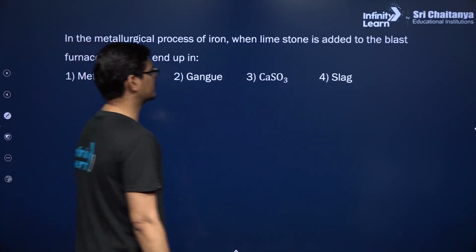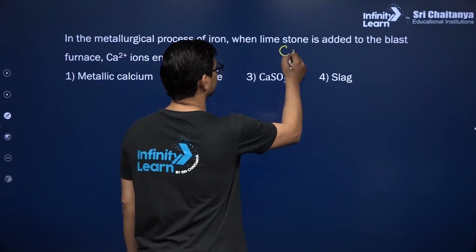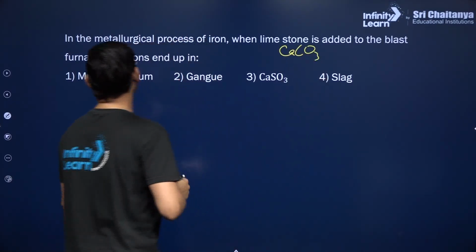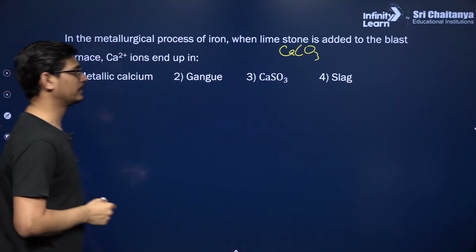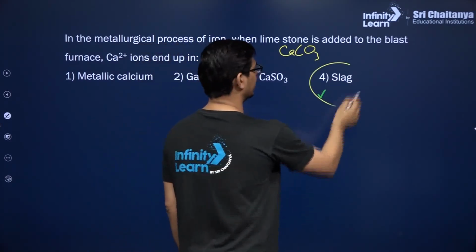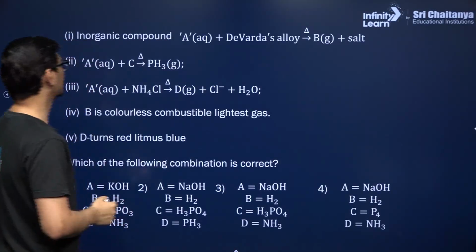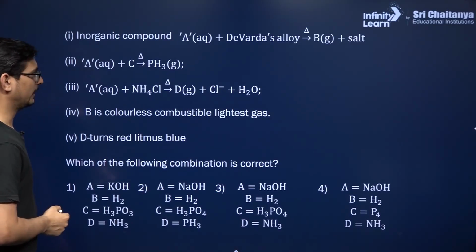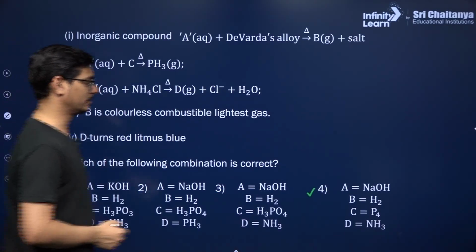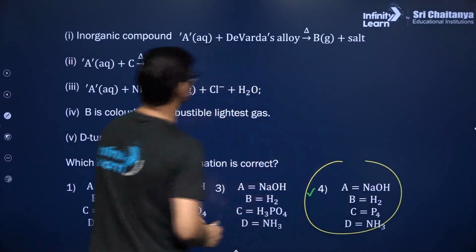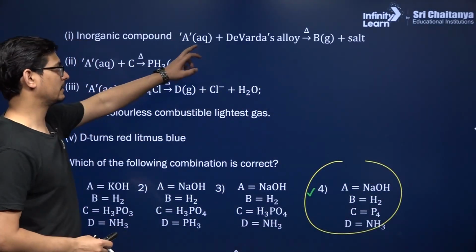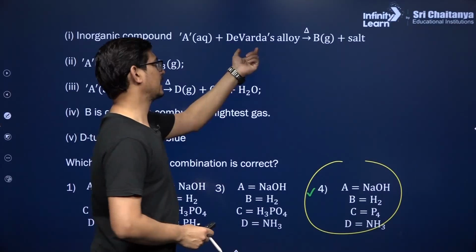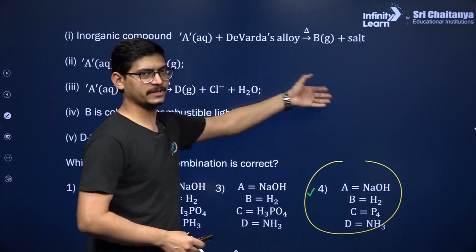In the metallurgical process of iron, when limestone, calcium carbonate, is added to the blast furnace, calcium ends up in slag, right? Calcium silicate is a slag. Next, inorganic compound A reacts with Devarda's alloy, and in this sequence of reactions the correct answer is option 4, because A is NaOH. It reacts with this alloy, which contains aluminum, zinc and copper.